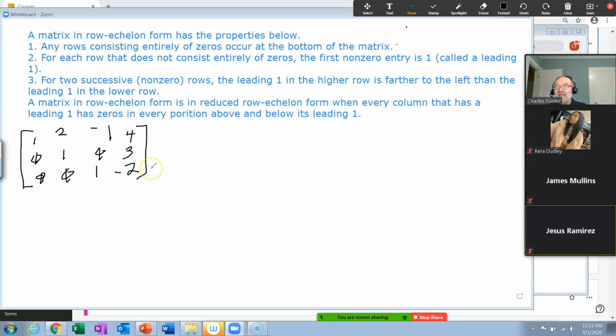First question: is that in row echelon form?